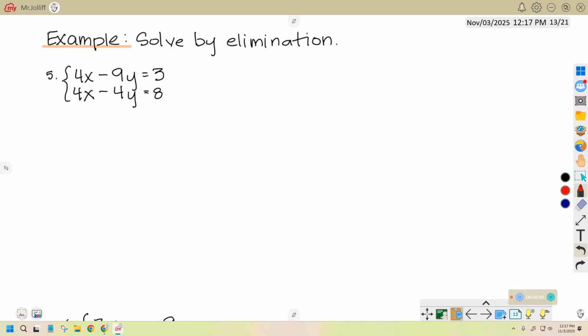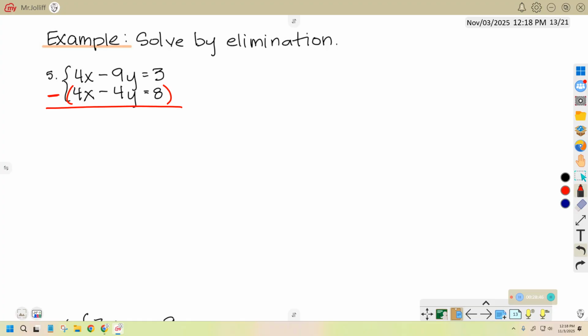The next question is, do I add or subtract? And I hear subtract. Good, they have the same sign. If I added, 4 plus 4 is 8, that wouldn't cancel. So I need to subtract. And you need to remember that you are subtracting the whole bottom from the top, term by term.